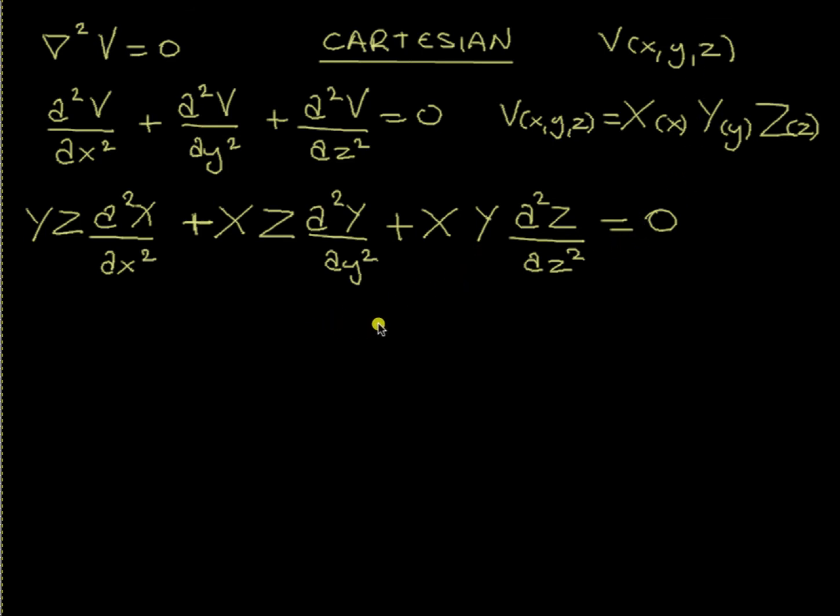Now in the next step, I will divide this left hand side and the right side, but of course that gives me 0. I will divide both sides with x, y, and z.